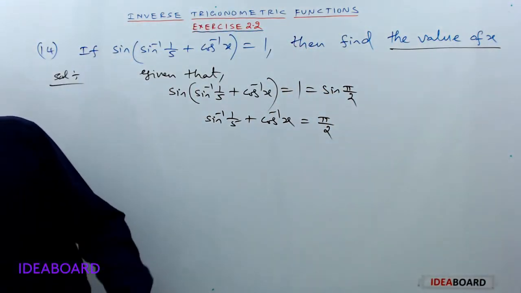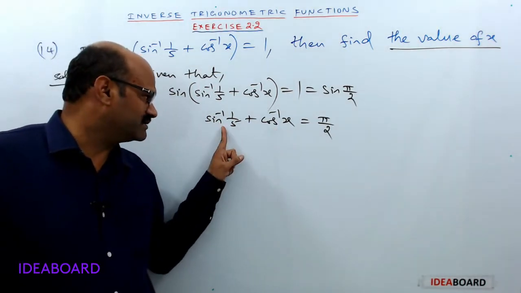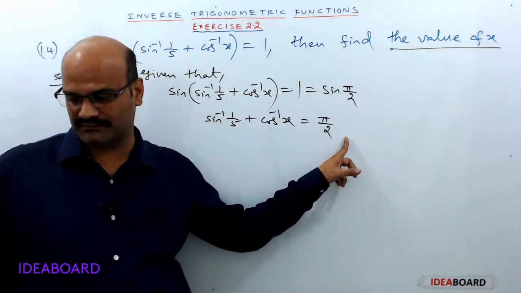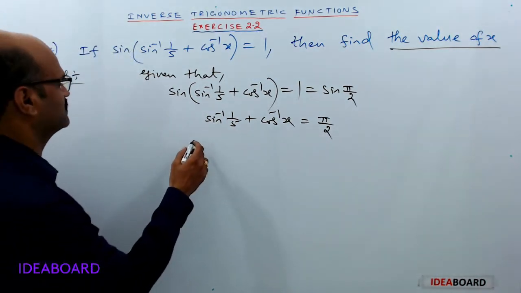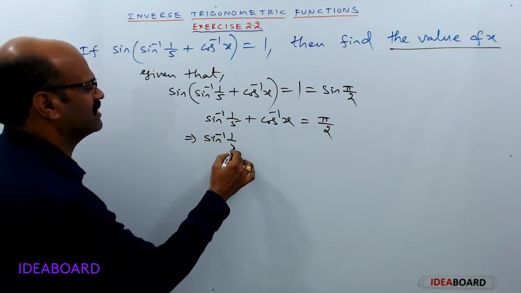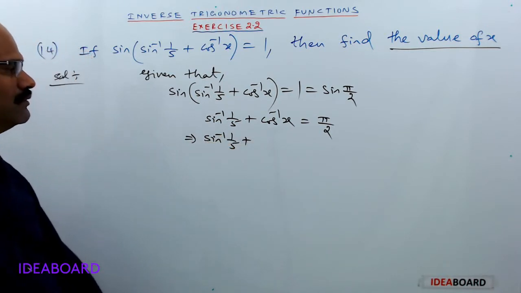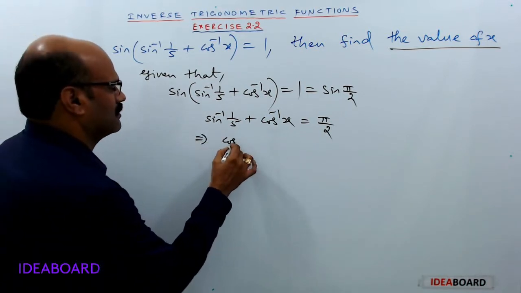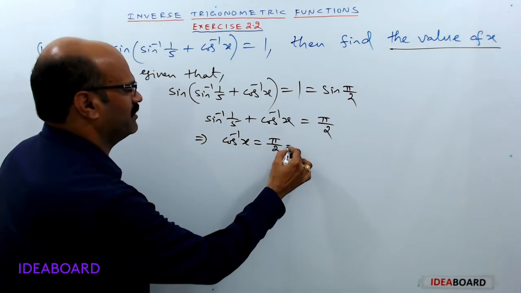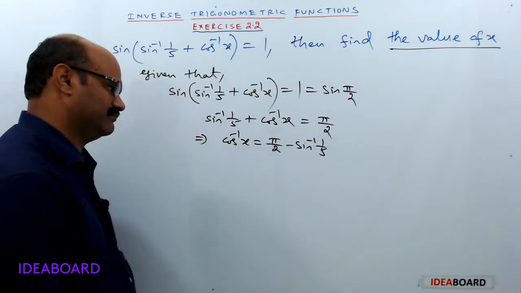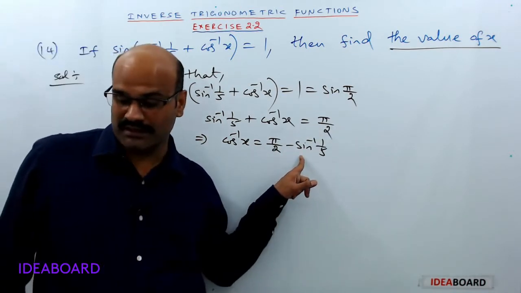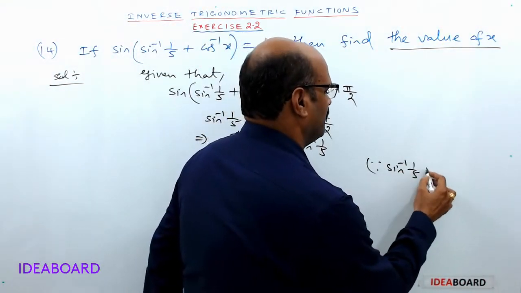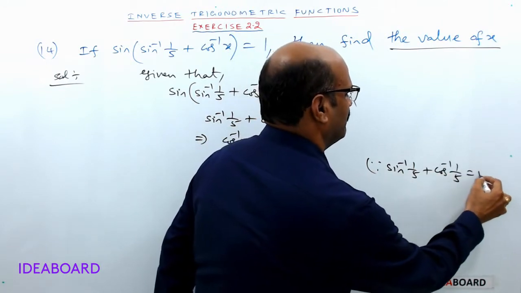So to find the value of x, write sin inverse of 1 by 5 from LHS to RHS. Then cos inverse x equal to pi by 2 minus sin inverse of 1 by 5. Here we know that sin inverse of 1 by 5 plus cos inverse of 1 by 5 equal to pi by 2.